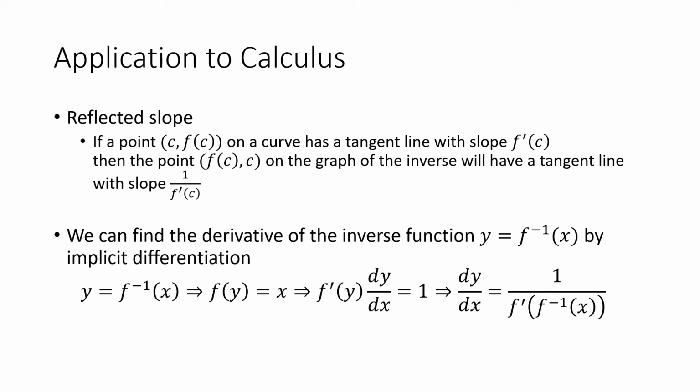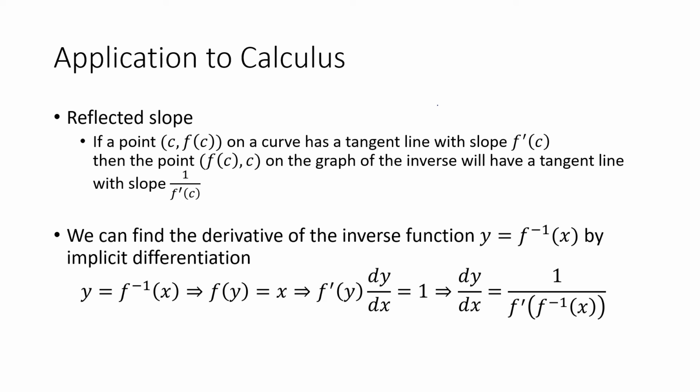Okay, so let's apply this to calculus. We want to talk about tangents. We want to talk about derivatives. So if I have a curve, I have some point on the curve, and I have a tangent line on that curve.